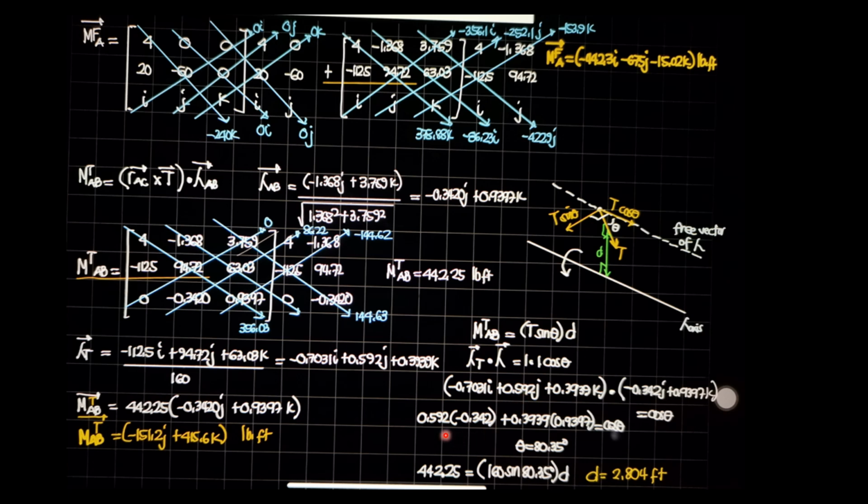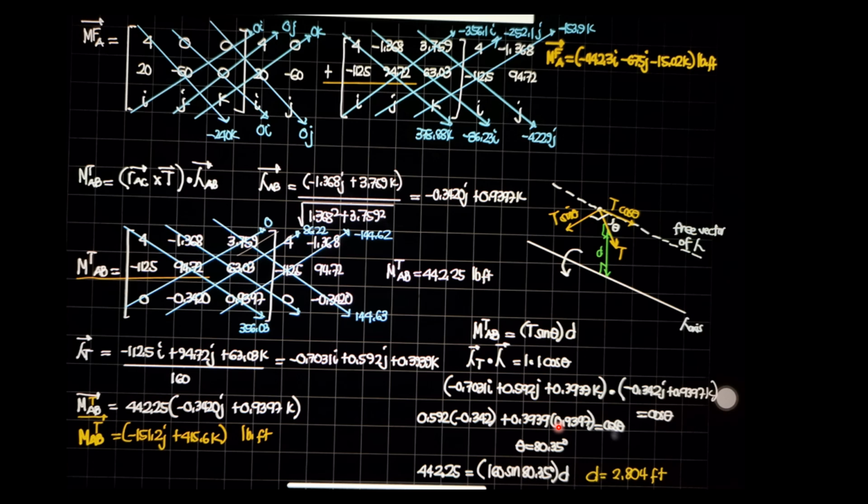0.592 times negative 0.342, remember that product JJ, then plus 0.3939 and 0.9397 equals cosine theta.